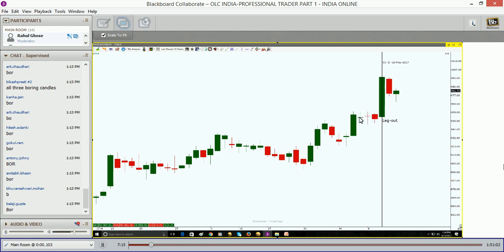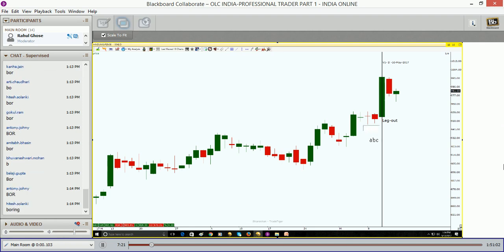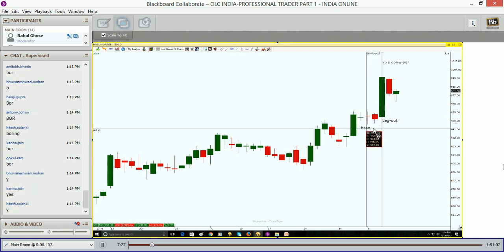This is also a boring candle. And what about the third one? Would all of you agree that the third candle is also a boring candle? All these three candles form my base.